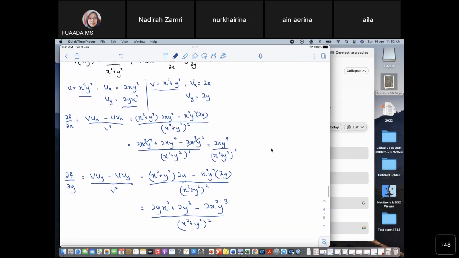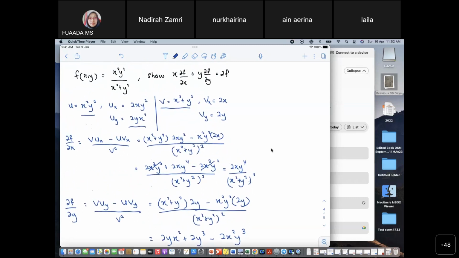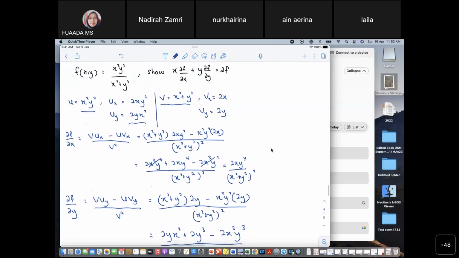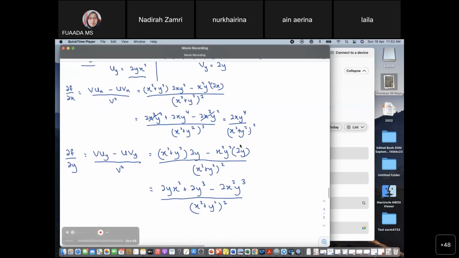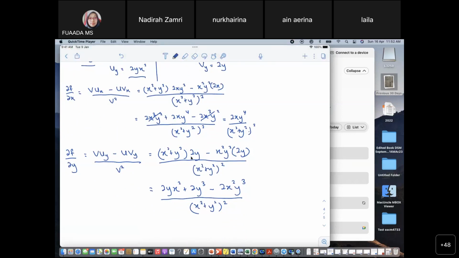Apa tadi? Siapa yang cakap tadi? Doktor, uy tu 2y x squared. Di mana atas uy yang dekat yang mana? Dekat yang ni, second term. First, uy yang ni. Okay, uy. What is uy? Okay, thank you. Okay, 2y x squared. Okay.